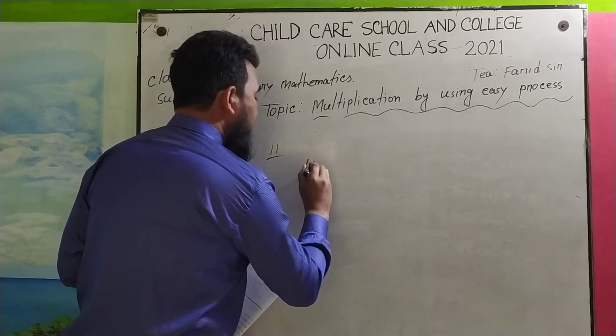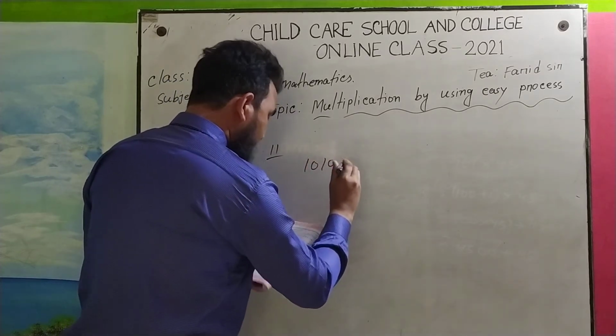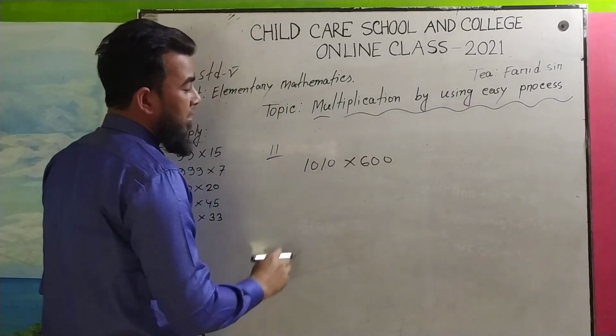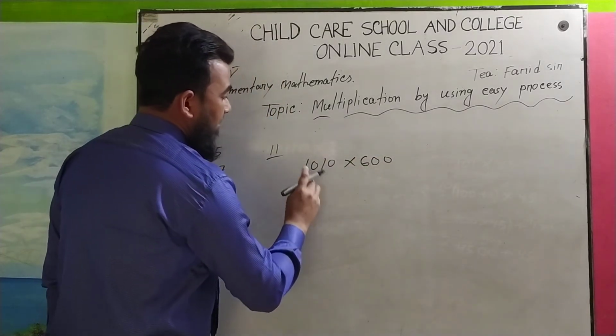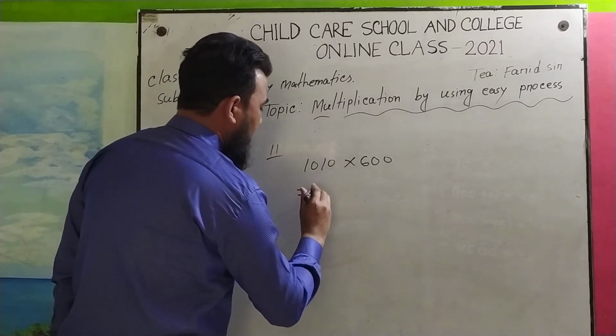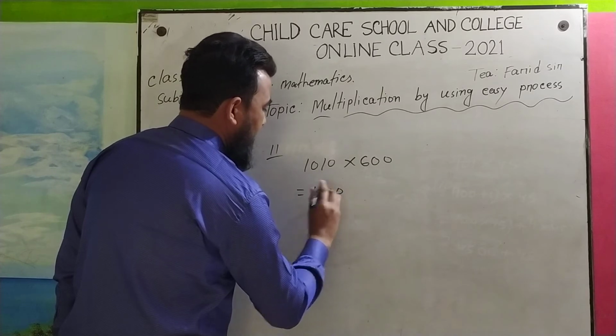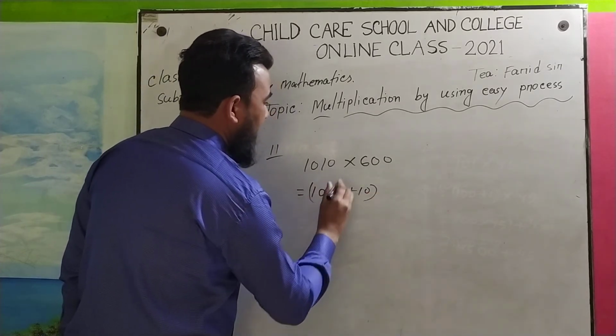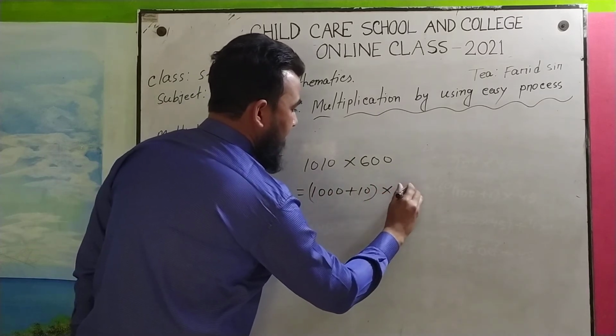Here look, 1010, and this is multiplied by 600. So what will be? How can we write this? This will be 1000, I mean 1000 plus 10. Okay. Now multiplied by 600.